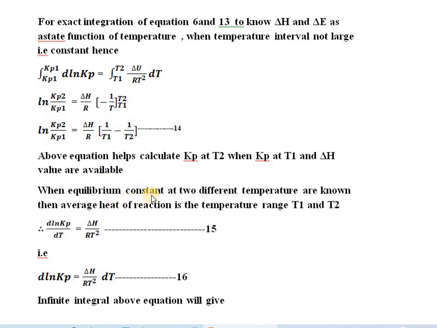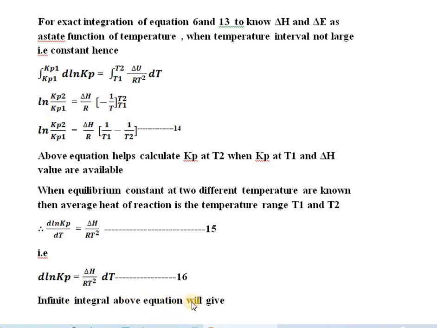When the equilibrium constant at two different temperatures is known, we can find the average heat of reaction in the temperature range T1 and T2. The equation becomes d ln Kp by dT is equal to delta H by RT square, that is d ln Kp is equal to delta H by RT square into dT.